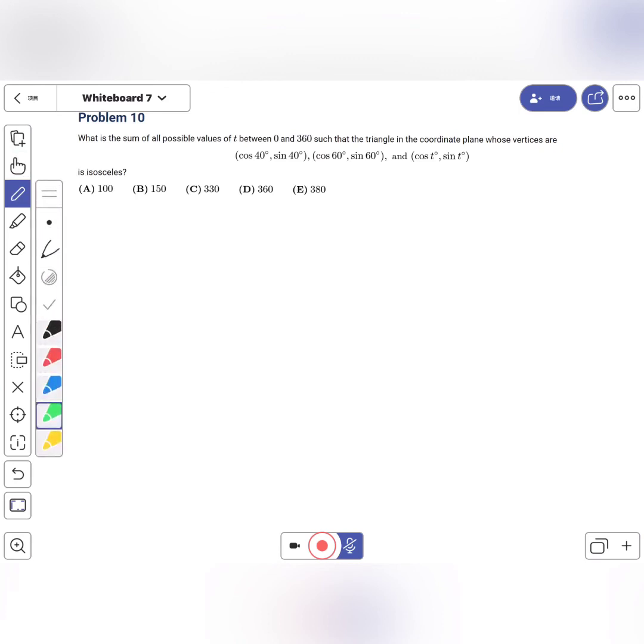So for here, we know that these all lie on the unit circle. So first, we're going to draw a unit circle to visualize how these points look. Point A will be somewhere here, which is cosine 40 and sine 40, and this will be cosine 60 and sine 60.